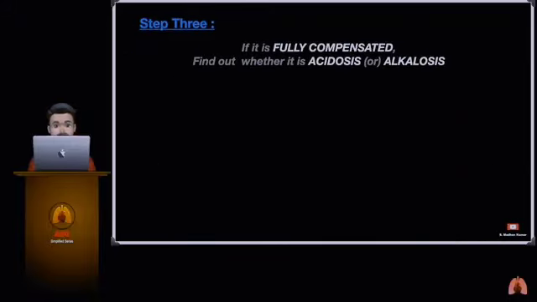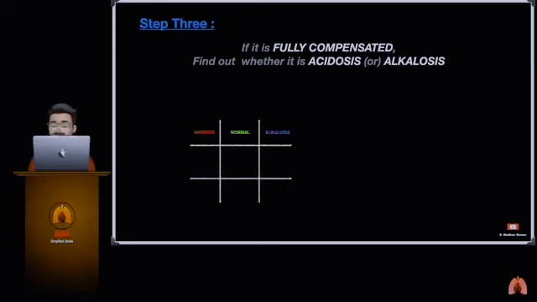If it is fully compensated, next we have to find out whether it is acidotic or alkalotic. Here pH is normal, PCO2 and HCO3 are abnormal.